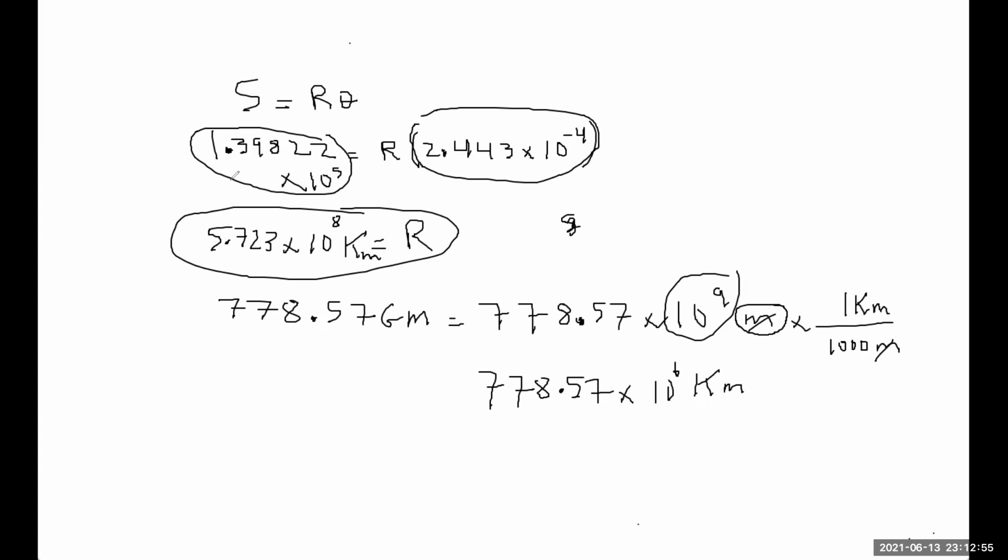Now, how could I make this so that it's 10 to the 8th? Well, if I want to compare them, I could go back 2 spaces here and then write it in scientific notation. So I'll write this 7.7857 times 10 to the 8 kilometers. In other words, the 10 to the 6th is telling me to take the decimal 6 spaces to the right.